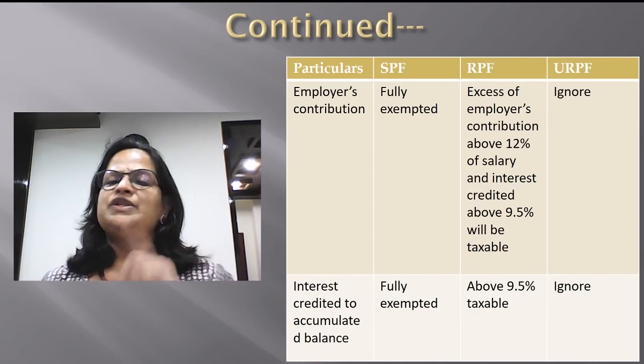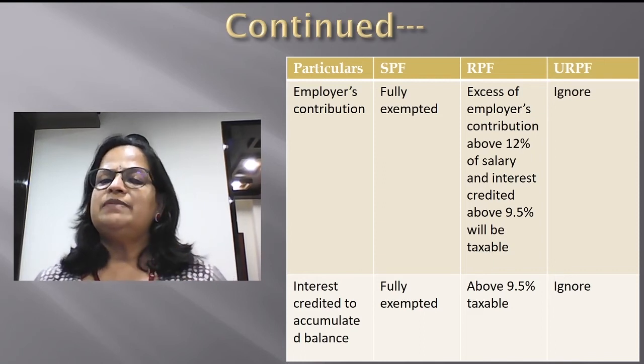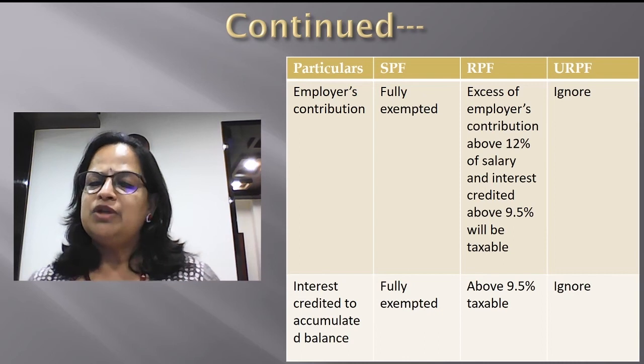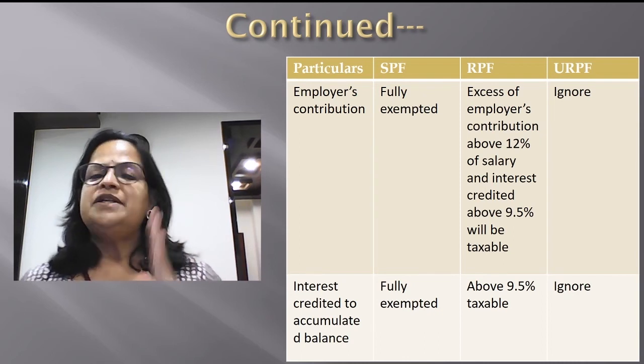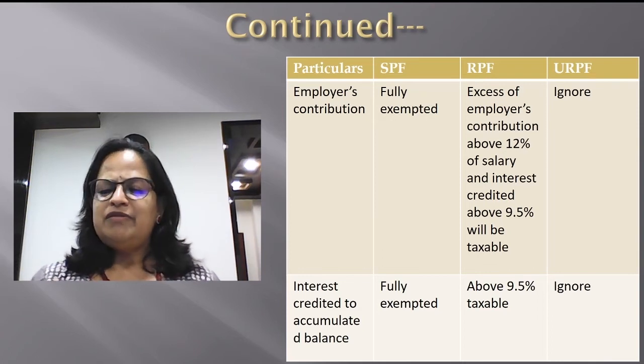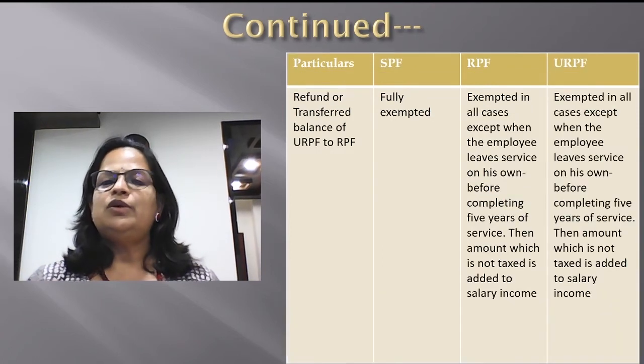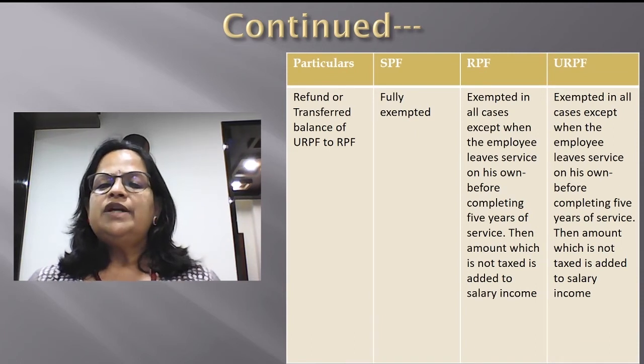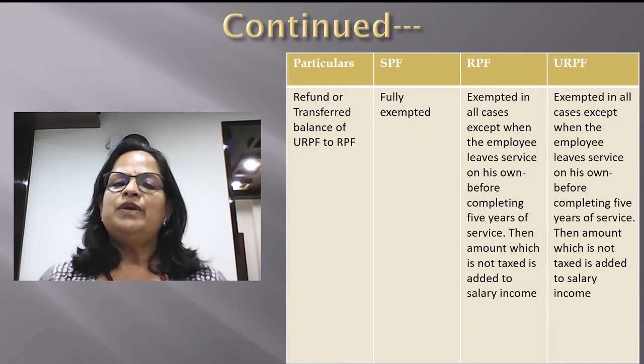Similarly, remember statutory provident fund is exempted. Employer's contribution, employee's contribution and interest credited will be exempted. So this you have to remember. Unrecognized provident fund, there is no recognition. We are just ignoring that point. Now, refund or transferred balance of URPF to RPF.